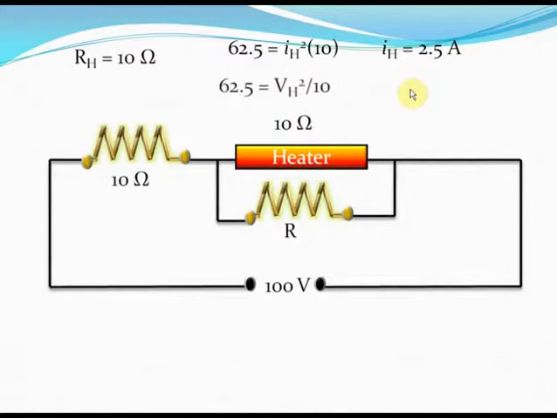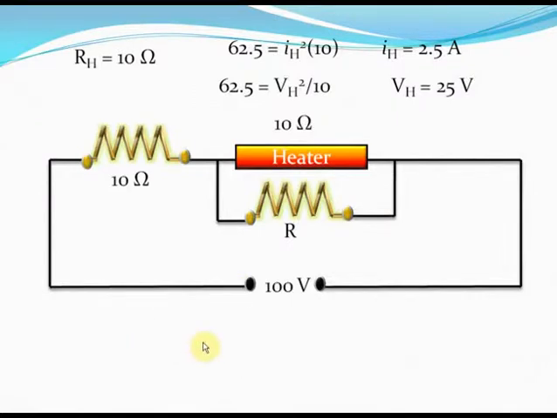Similarly, we can determine the potential difference across the heater. You see, 62.5 watts is also equal to VH square by RH, where VH is the potential difference across the heater and RH is the resistance across the heater. Now RH is known, the power is known, so we can find the value of VH, the net potential difference across the heater. Now using all these values, we can construct an equation to determine the value of capital R, the resistance that is in parallel with the heater.